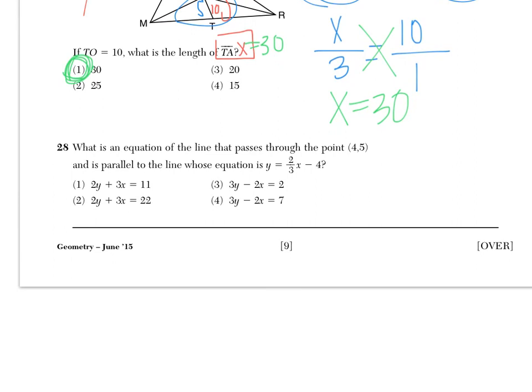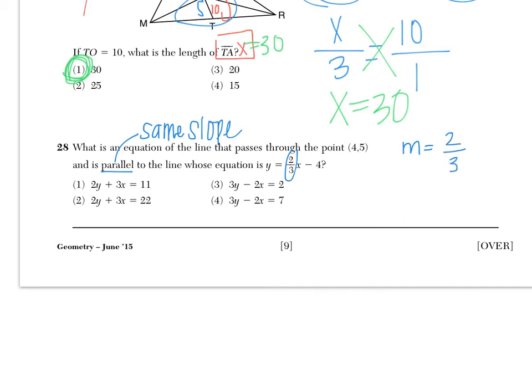Number 28 says, what is an equation of a line that passes through the point 4, 5, and is parallel to the line whose equation is 2/3 x minus 4? So when we want to be parallel, that means same slope. If I look at my equation, my slope is 2 over 3, so my slope is going to stay 2 over 3.